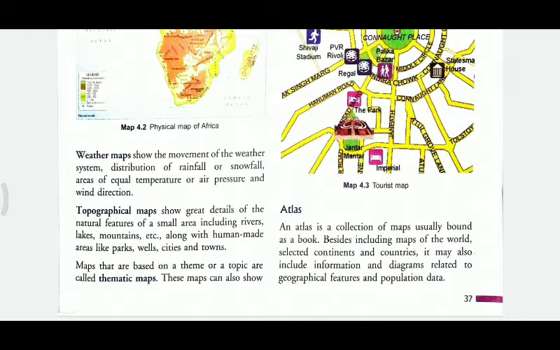Dear student, in an atlas, apart from the practical maps, there are selected maps of continents and countries, and various information with the help of diagrams, showing us geographical features as well as population data. So here the definition and the information related to atlas is clear.